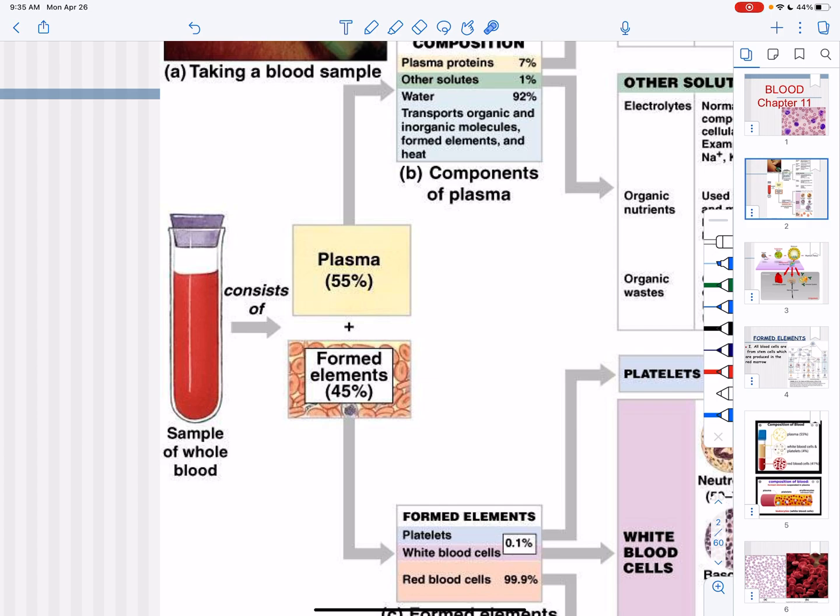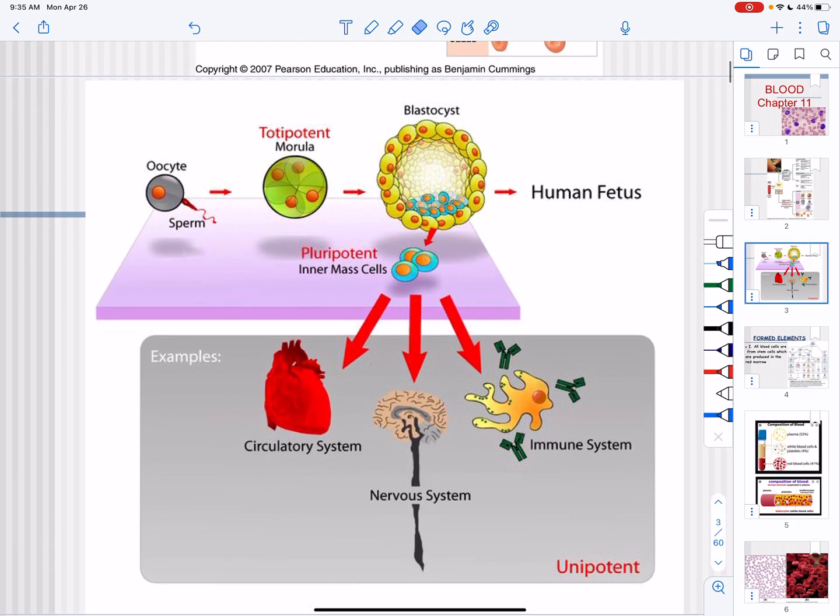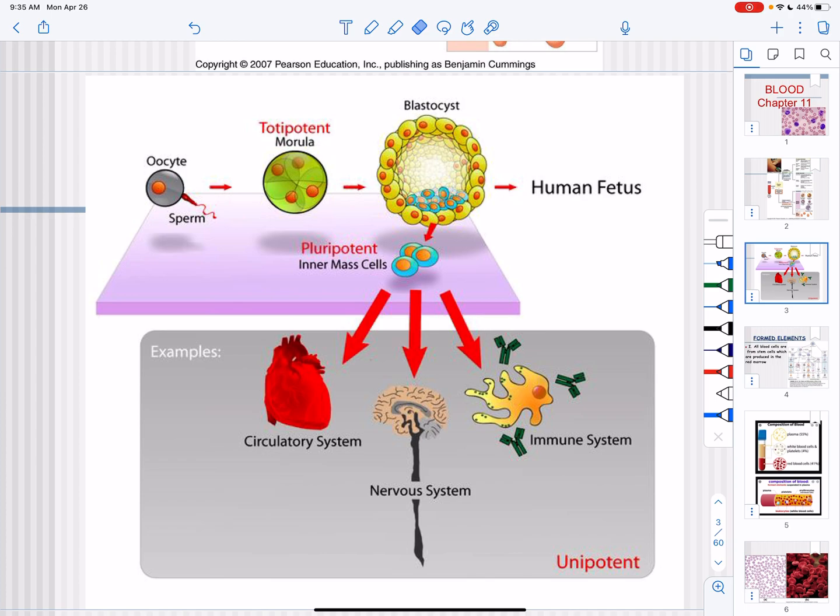Now, the formed elements come from stem cells. And I need you to understand what stem cells are. So this is just a basic graphic to show you that when you are a developing fetus, before you become what we consider a fetus, you are a blastocyst.